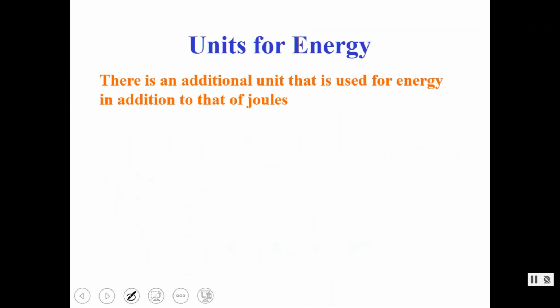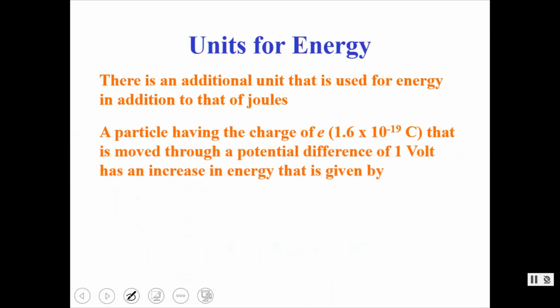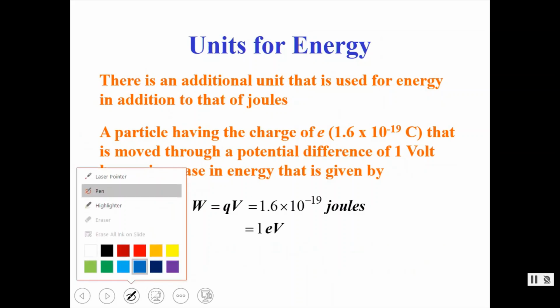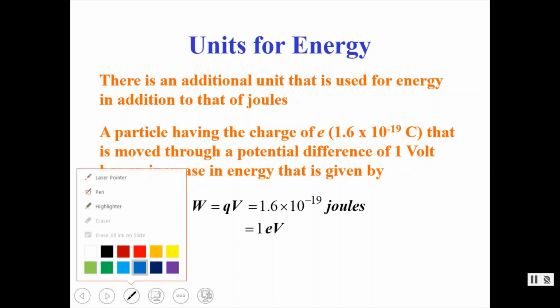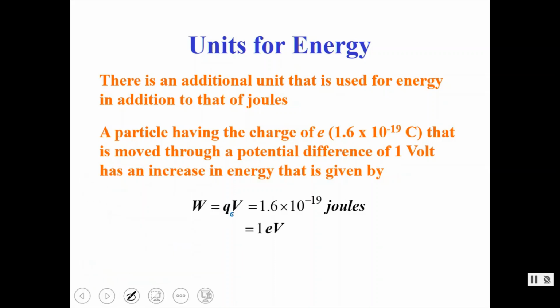So just looking at a couple other points. Energy is also sometimes defined based on the charge of an electron. Work can be defined as Q times V, where Q would be our test charge, so that really should be a Q0.